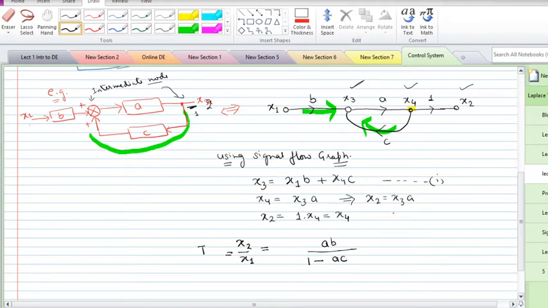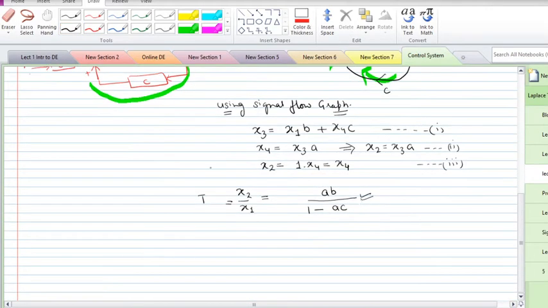You can solve these three equations, equation number 1, equation number 2 and equation number 3, and you can easily reach this result. So this is similar to the result which we obtained earlier using block diagram representation.